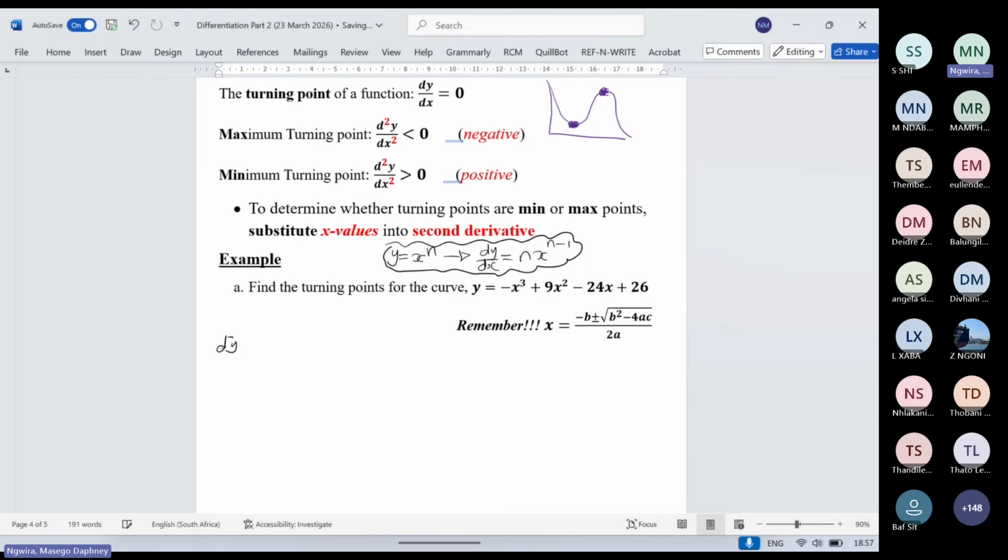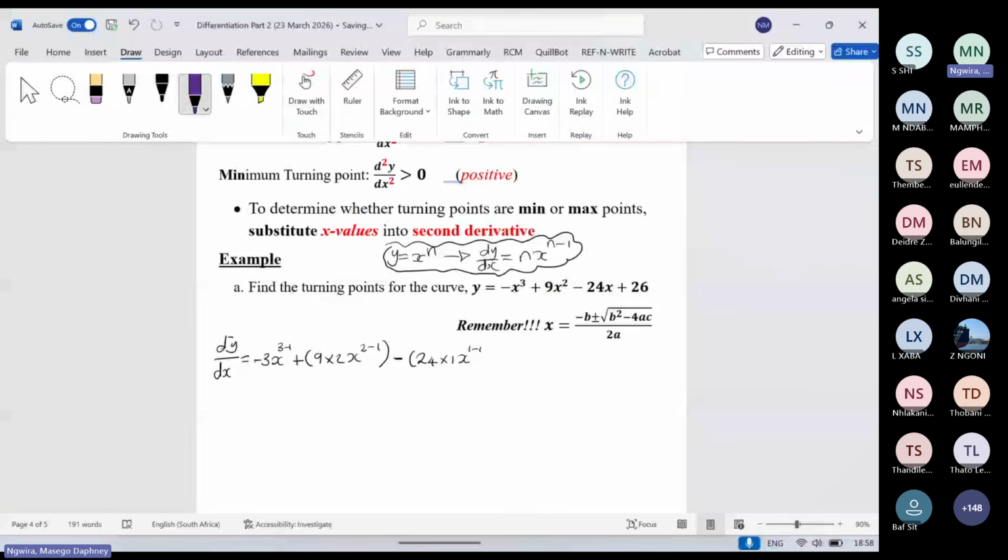So dy over dx is going to be, according to what I wrote here, negative 3 times 3, then x to the power of 3 minus 1, then plus 9 times 2, and then x to the power of 2 minus 1, and then a minus 24 times 1, then x to the power of 1 minus 1, because there's always a 1 on this x, even if you don't write it.